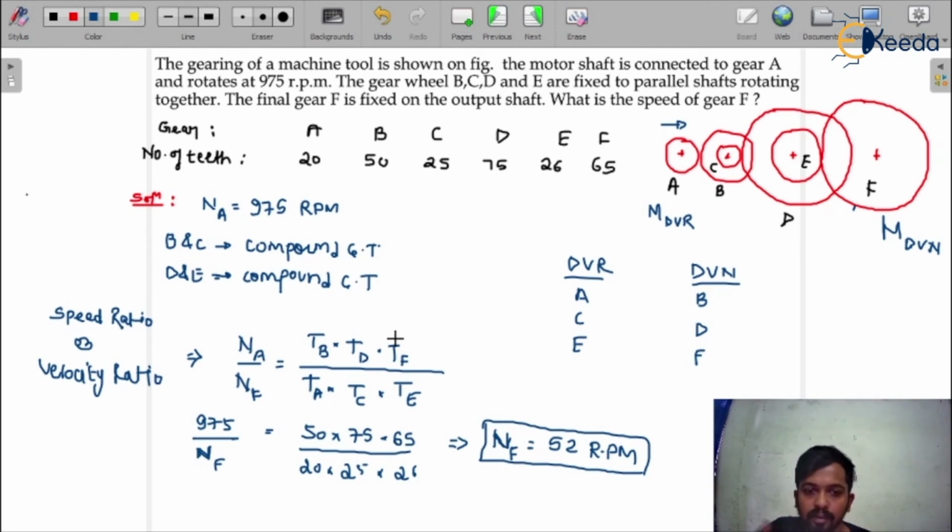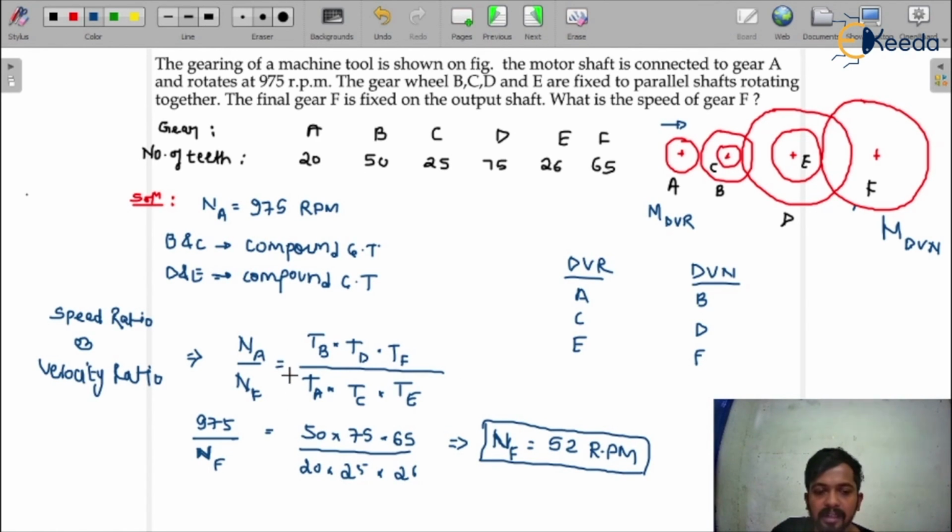They will give you the number of teeth, and one important thing in the compound gear train is that you must understand what is driver and what is driven. In GATE examinations they will give you the diagram and you must check which one is the driver and which one is driven, because we have to classify them and put the values in the speed ratio formula to get the final answer.